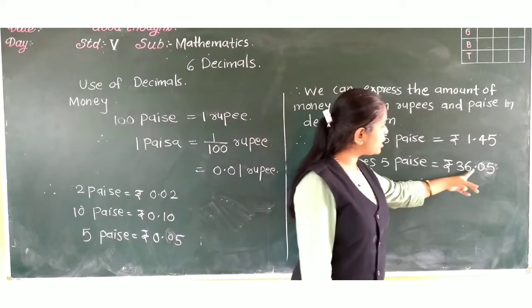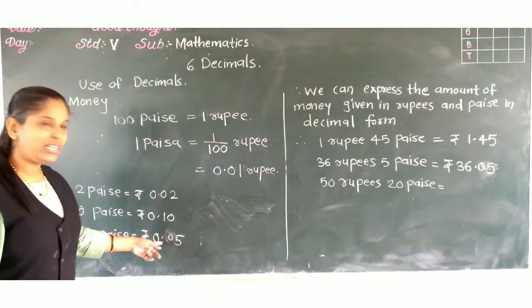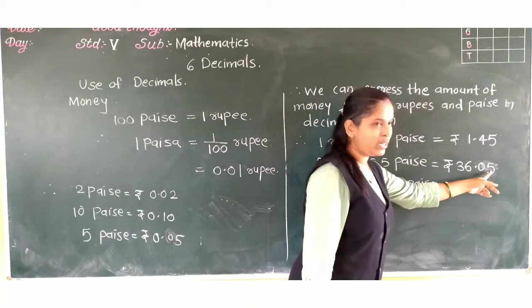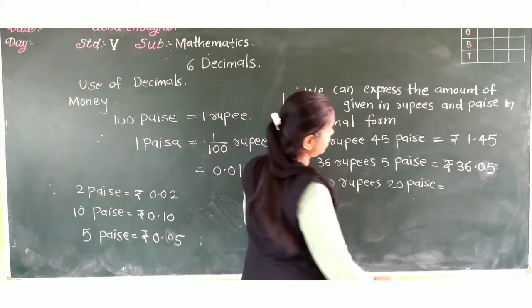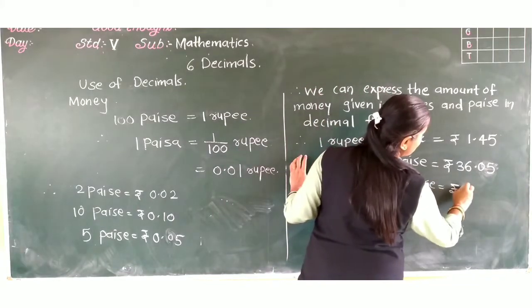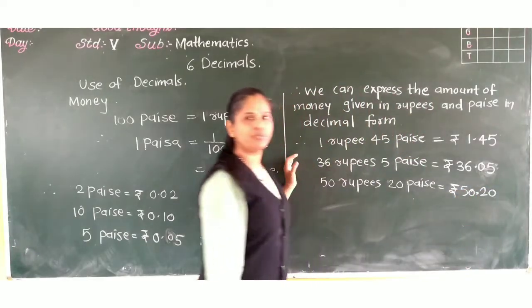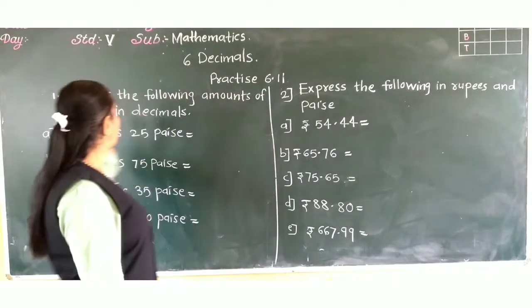So how to write? 36.05. Because here 5 paise, how we have written in rupees? 0.05. So 36.05. Now 50 rupees 20 paise. So how to write that? Rupees 50.20. Follow?